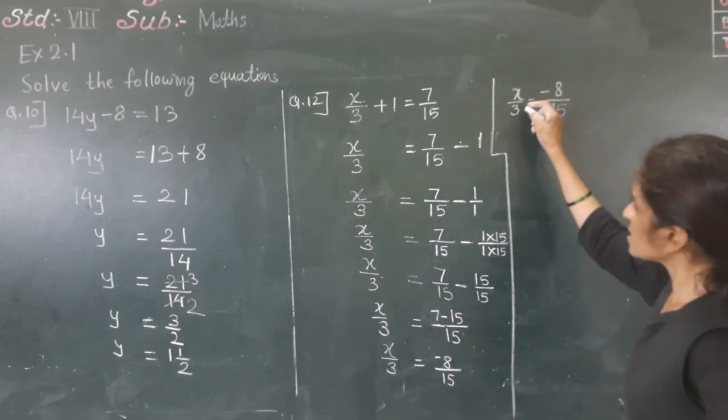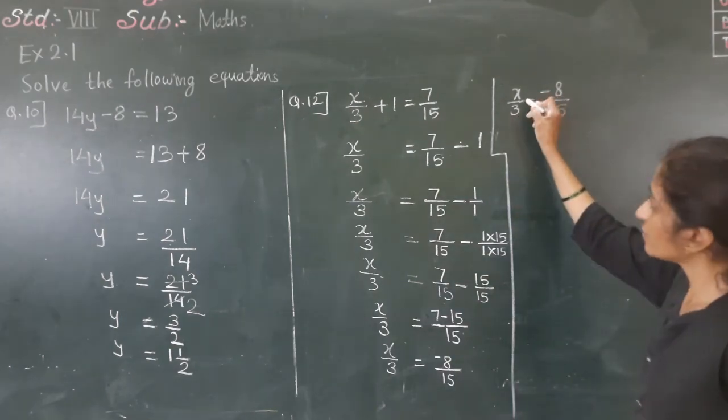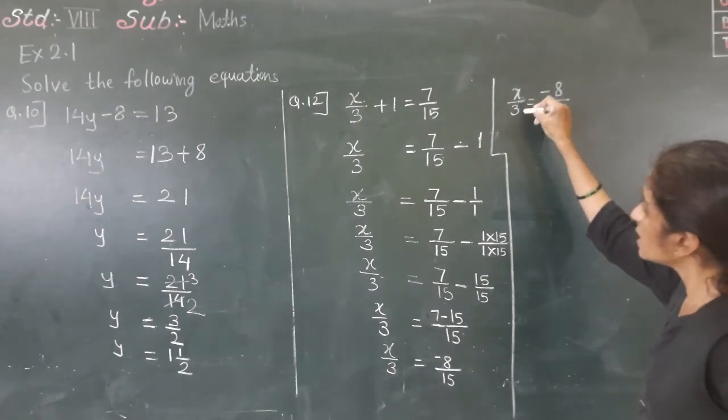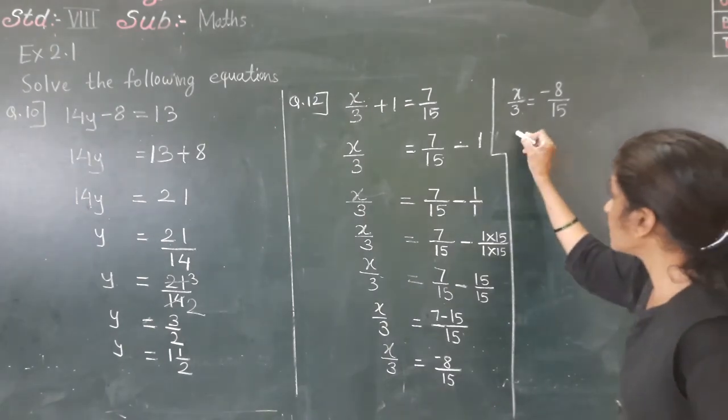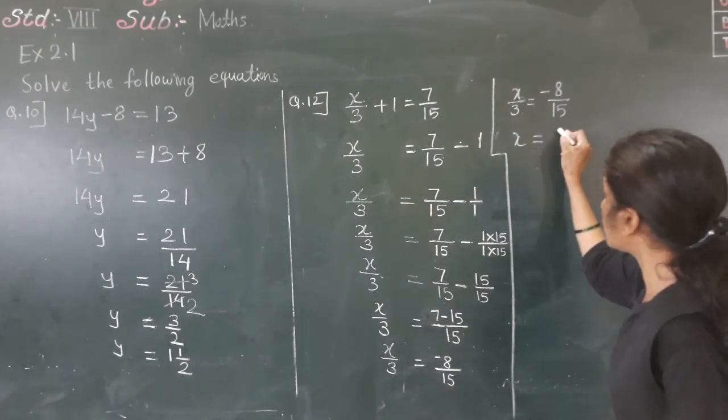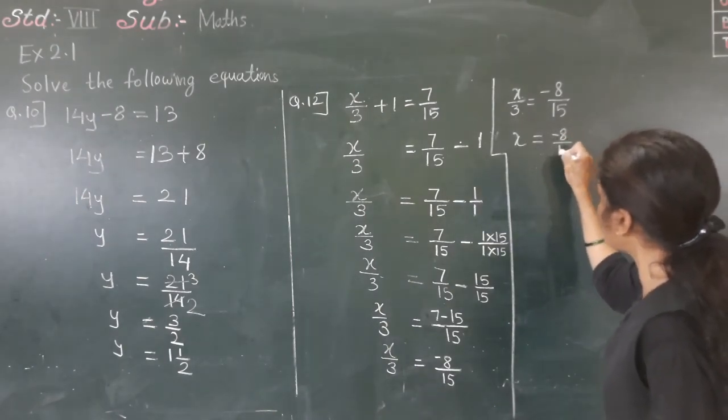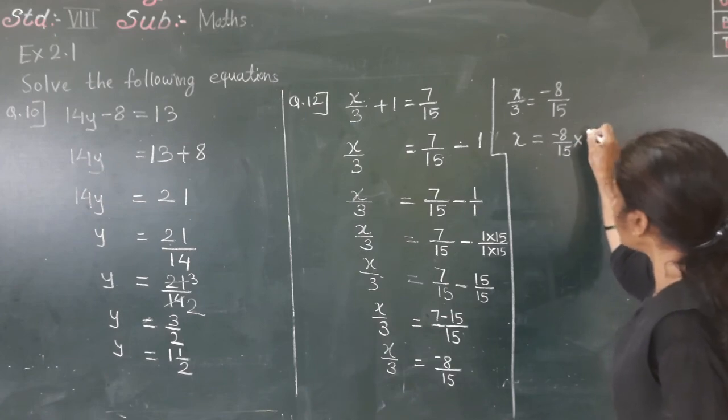Now 3 is divided here. We have to find the value of x now. 3 is divided here on the left hand side. If we transfer it to the right hand side, it will become multiplied. So x is equal to minus 8 upon 15 multiplied by 3.